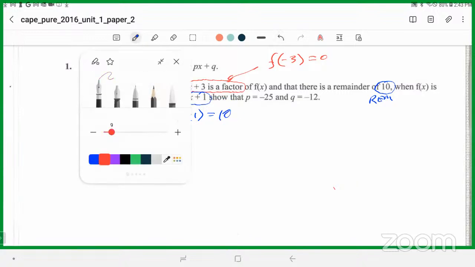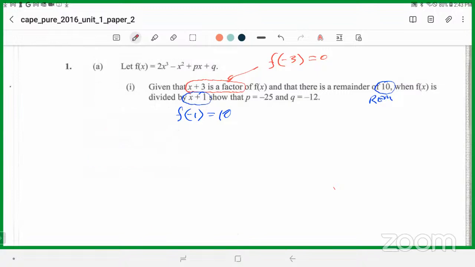Let's do the first one, in red, which is that f of -3 is equal to 0. That's from the factor theorem, first part. So we plug -3 in there and equate it to 0. Plug -3 here, we get -27; -27 times 2 is -54. Plug -3 in here, it becomes 9, so we get -9.